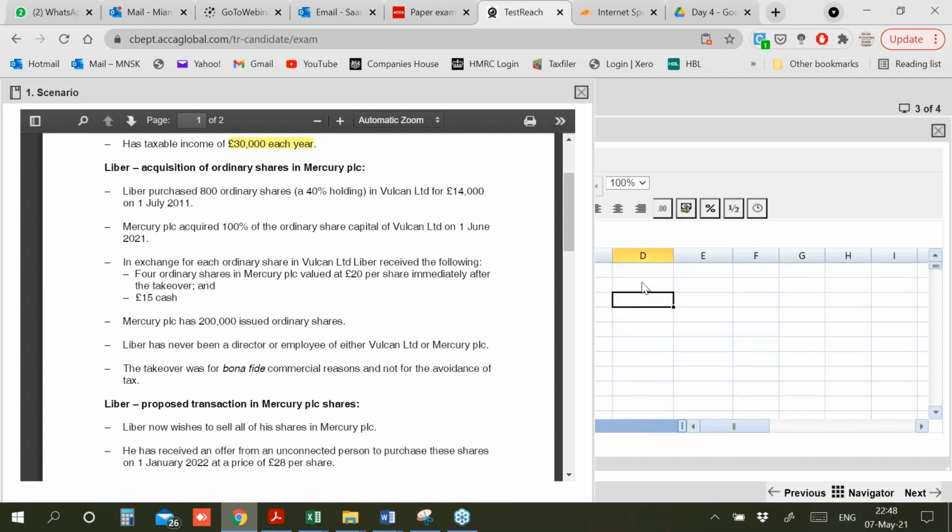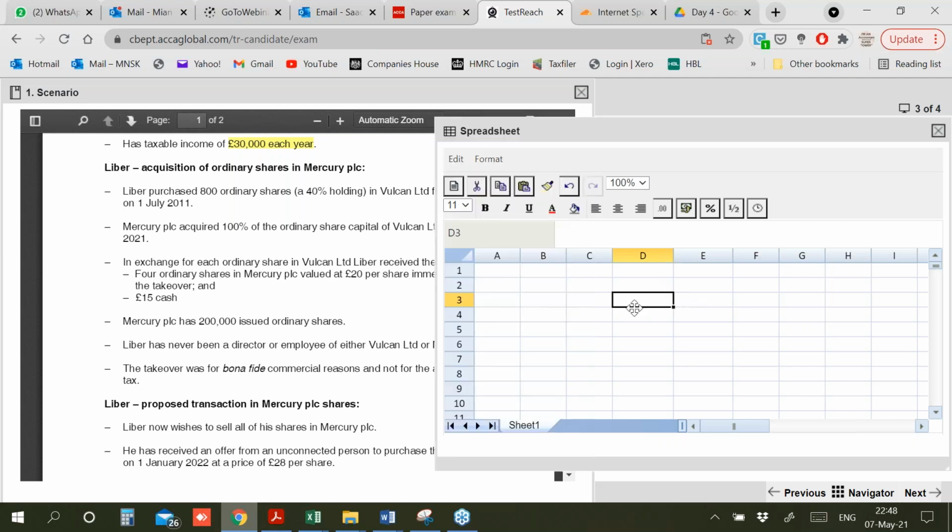First, you see what the shares are valued at before the takeover and what after, and for that you always make two columns. One will be market value and one column will be cost.